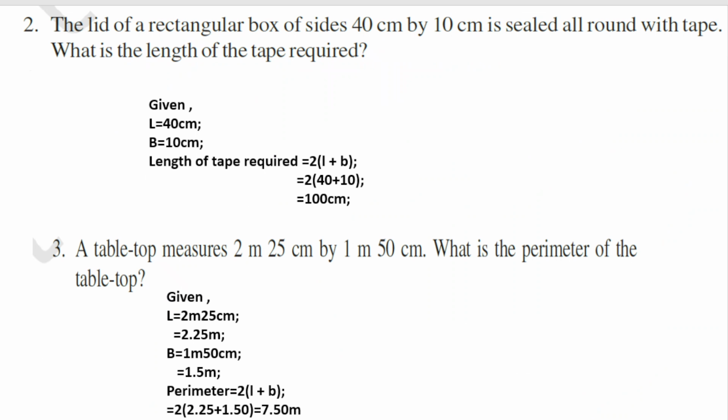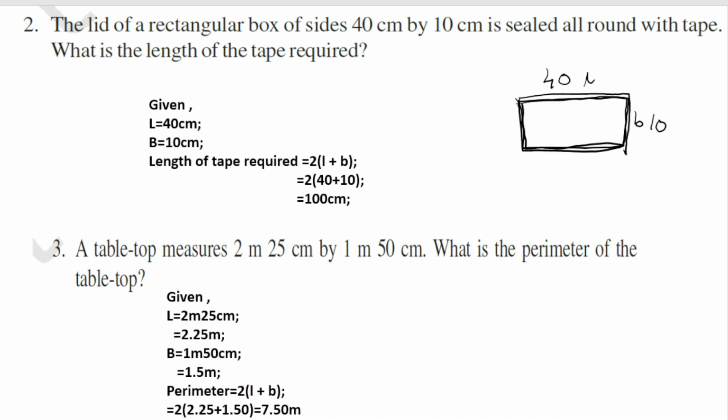Coming to the next one, the lid of a rectangular box of size 40 centimeters. Suppose this is a lid of a rectangular box and this is having the length as 40 centimeters and breadth as 10 centimeters. We need to seal this all around with tape. You know that the length of tape is nothing but the perimeter of the rectangular lid.